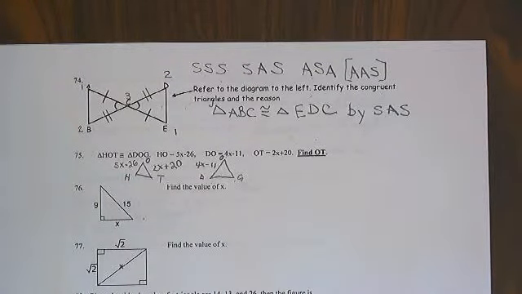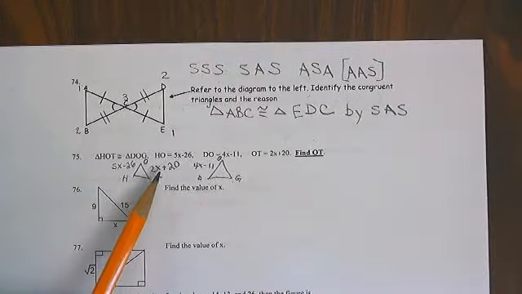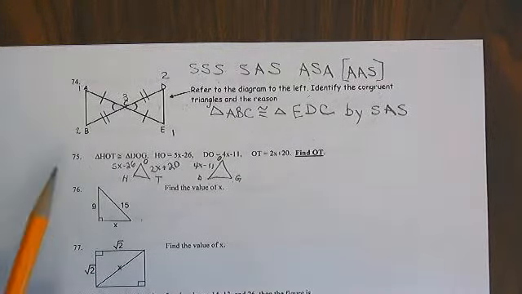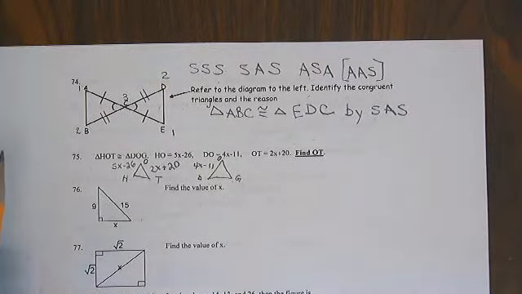Okay, well, let's think about it. What does it mean to have congruent triangles? Okay, let me see if I can help you out. When we have congruent triangles, corresponding sides are equal and corresponding angles are equal.